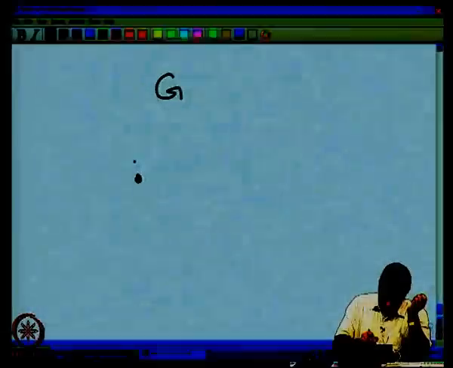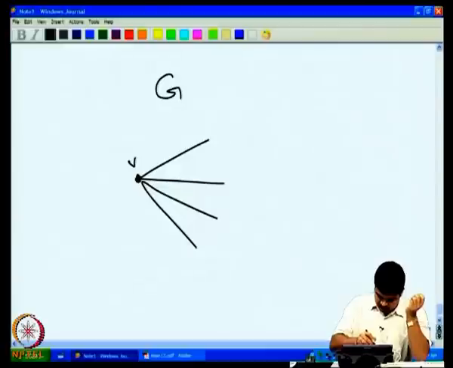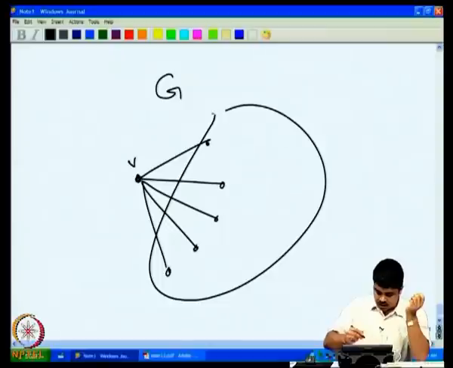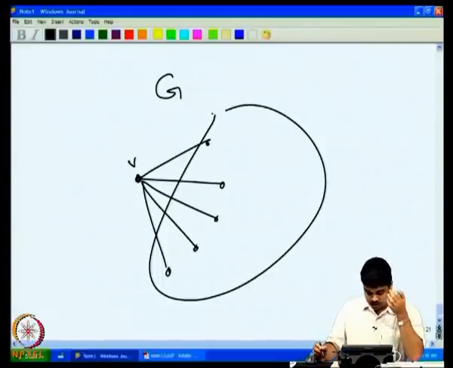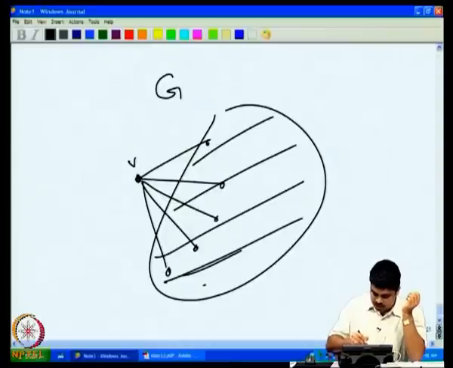So this vertex V has delta neighbors here, and of course there is a coloring of this here. So now is it possible that this is a complete graph here? This is a complete graph.